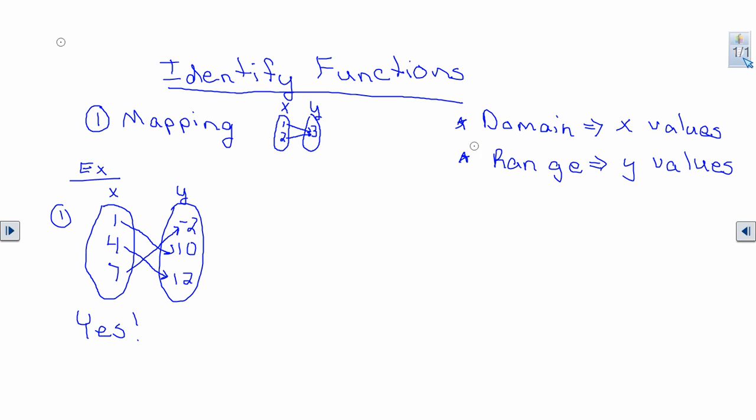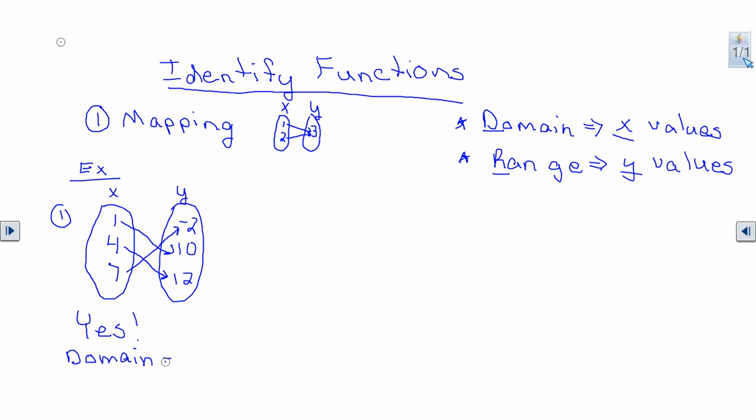One way students will sometimes remember this, if you're doing alphabetical order, X comes before Y in the alphabet, D comes before R in the alphabet. They're both alphabetical order.